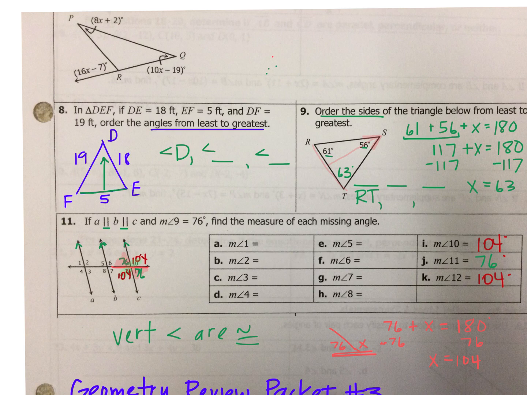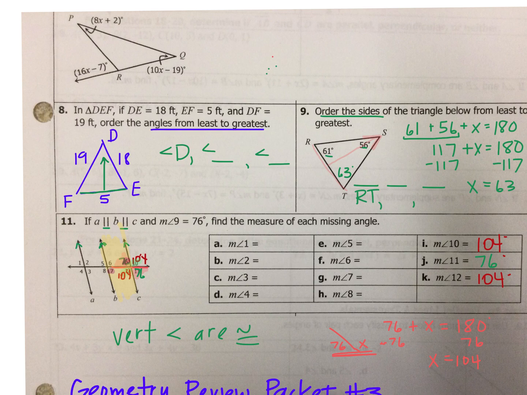All right. Now if we think way back to last semester, this is the inside. And I have what we like to call alternate interior angles. Right here, 9 and 7 are alternate interior.